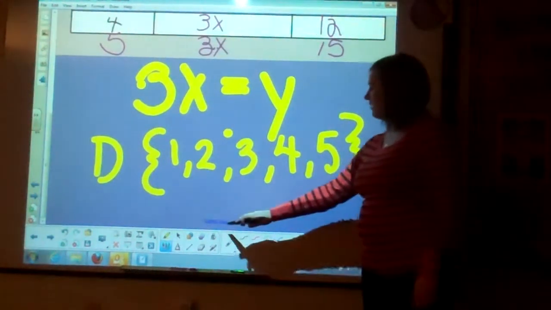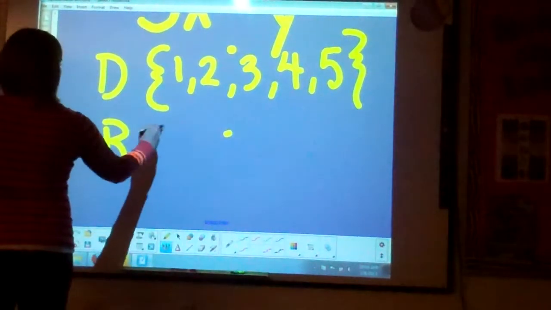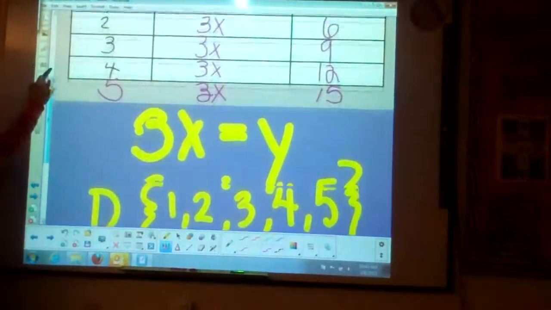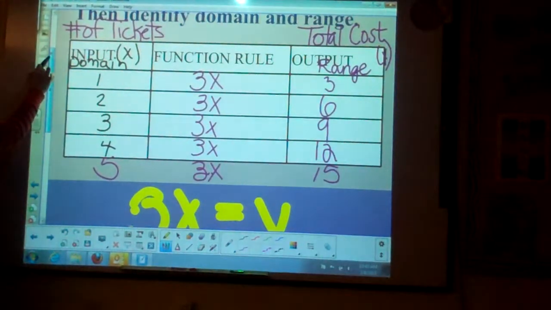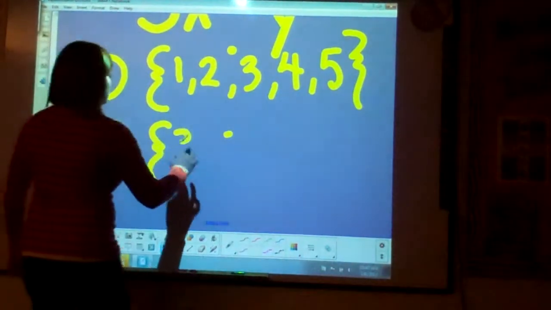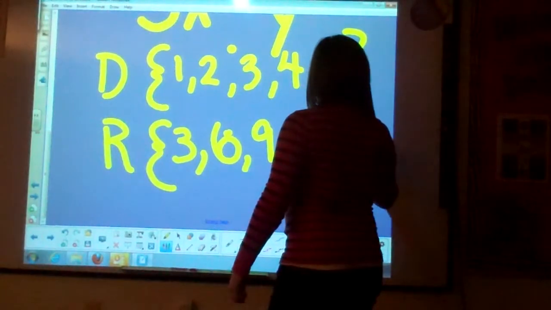And then the range was, if I go back up, 3, 6, 9, 12, 15.